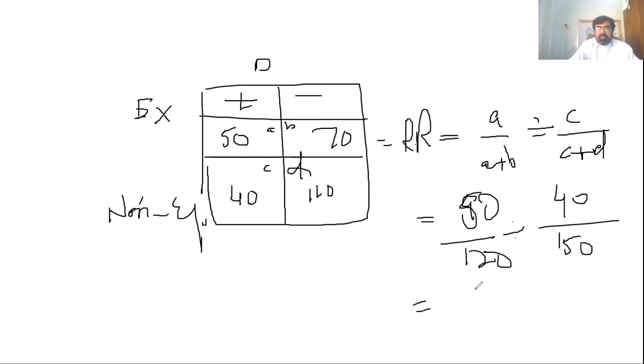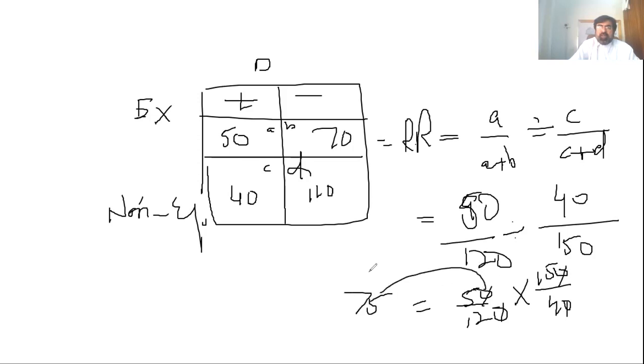Now take it further: 50 divided by 120, multiply by 150 and divided by 40. So this will cut with this 0, and 15 5s are 75 with this calculation, and 48.